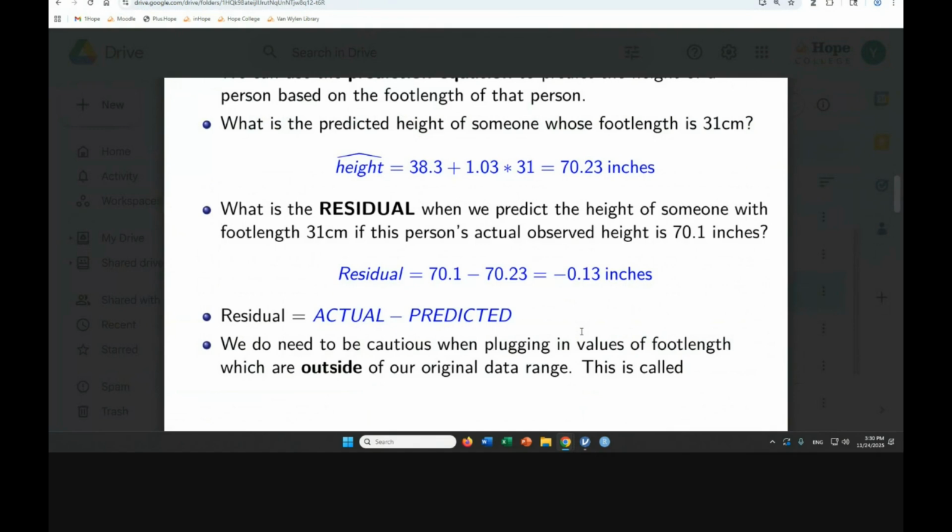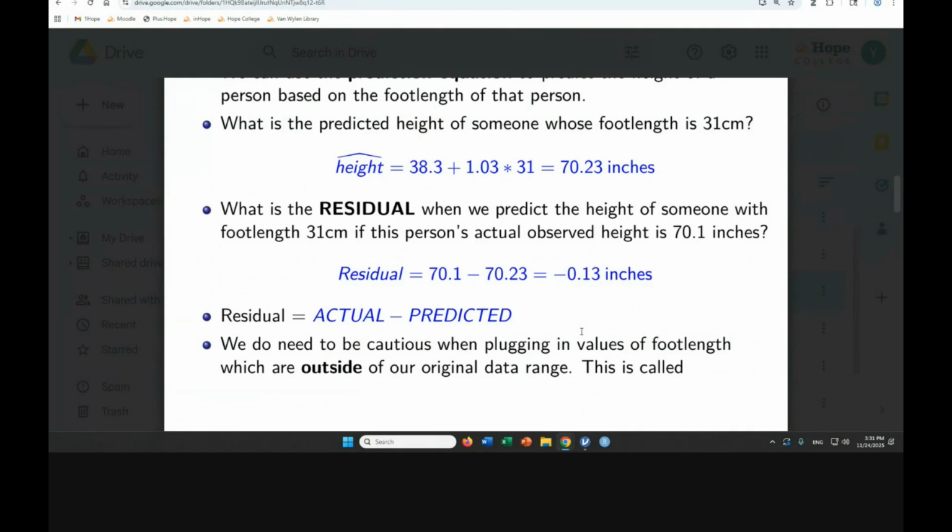So, if a model is good, should the residuals be small or big? Small. That's it. All right. So, do you understand why the residual for this person is negative 0.13? Follow the definition.